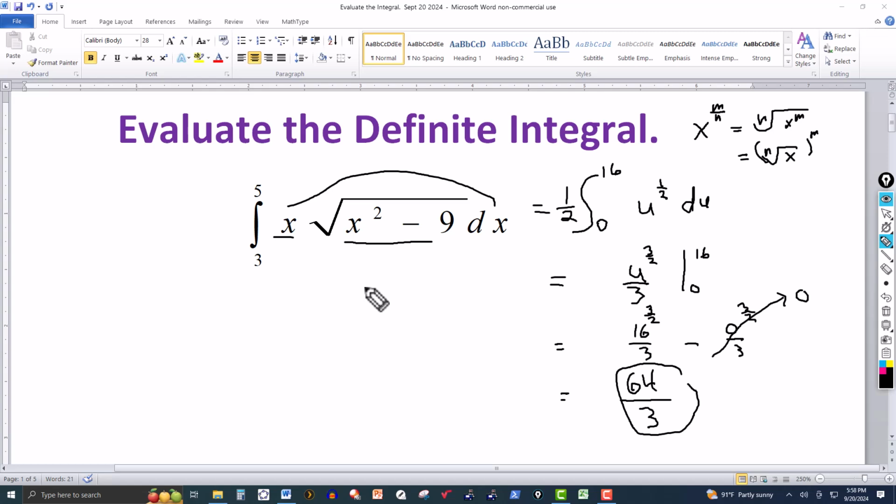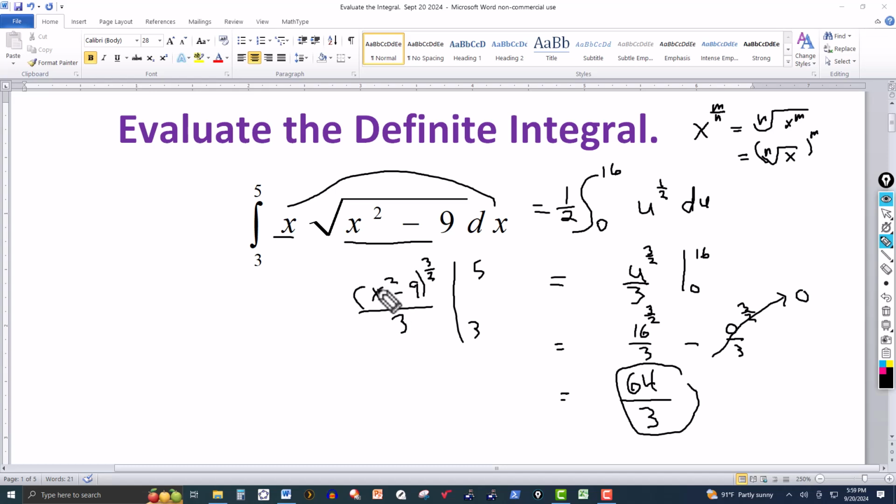So u is x squared minus 9 to the 3/2 power, over 3. As long as you go back to the original variable, you can use the original limits of integration and evaluate this from 3 to 5.